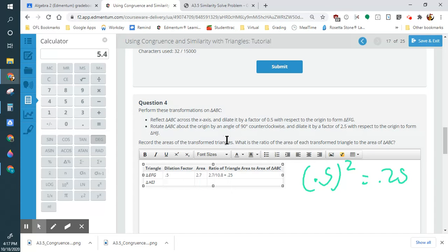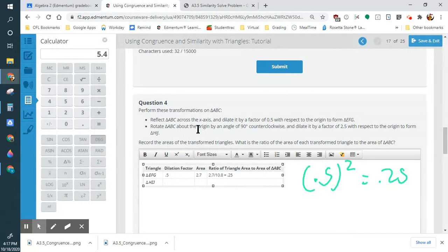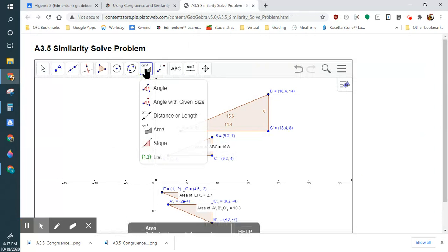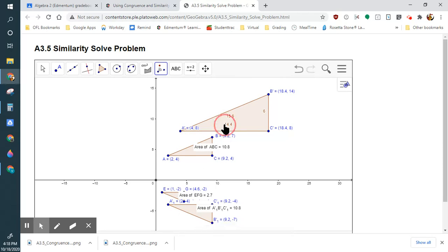All right, and the next one, it wants us to rotate it 90 degrees and increase it by a factor of that. So, all right, clockwise or counterclockwise? Counterclockwise. All right, cool. So I'm going to do my transformation tools, rotate.